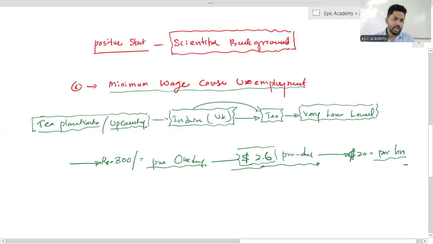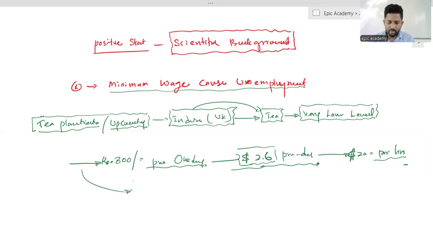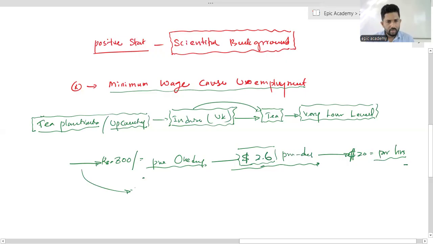So the government decided it must be increased. As an example, they expect to increase this to 1,000 rupees. If you convert that into dollars, it is $3.33 at the present exchange rate.